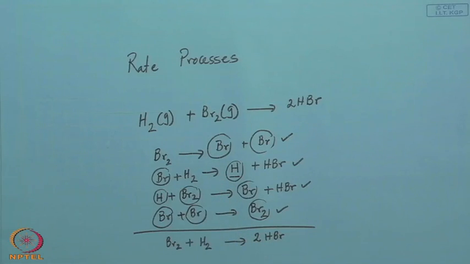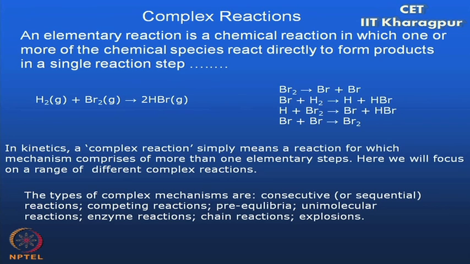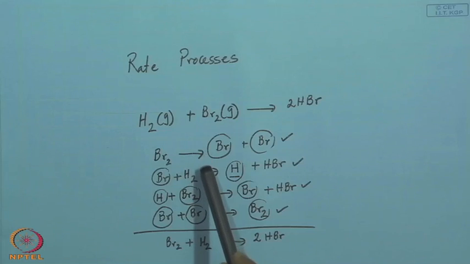And here we will focus on a range of different complex reactions. Basically, if there is more than one elementary step, we can call that reaction a complex reaction. That is, the reaction is not a simple reaction, its mechanism is not simple.